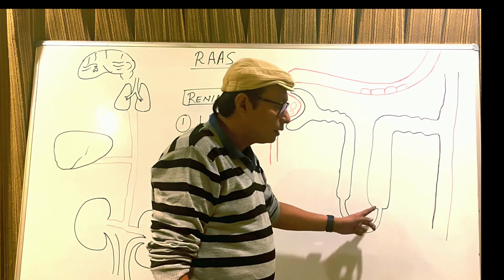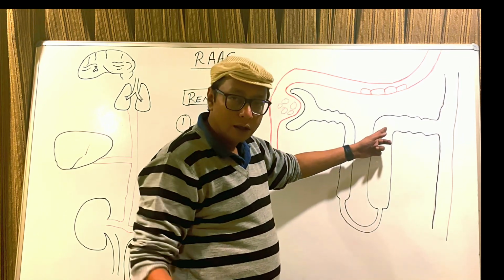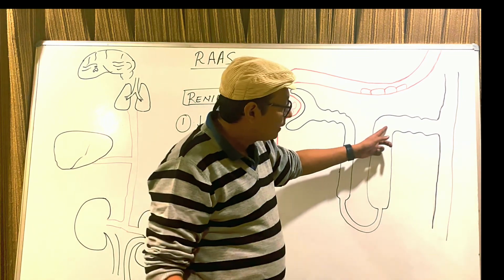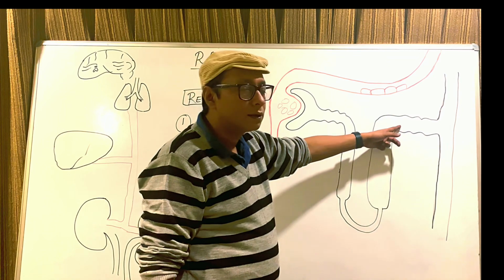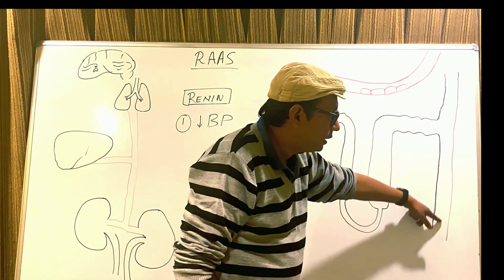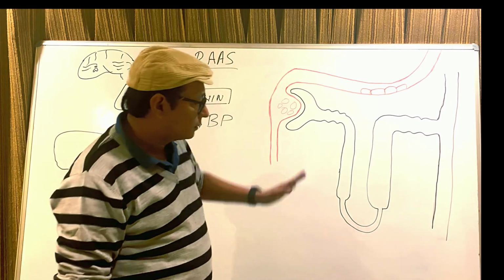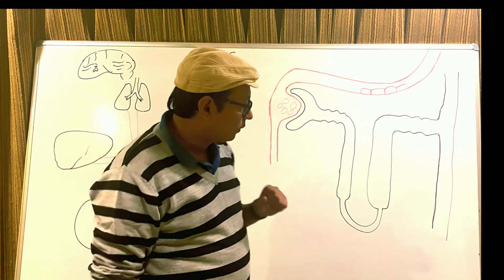Here is the loop of Henle. This is the thick ascending limb of the loop of Henle, and finally they connect with the distal convoluted tubule, and finally they drain into the collecting duct. This is the basic architecture of the nephron.